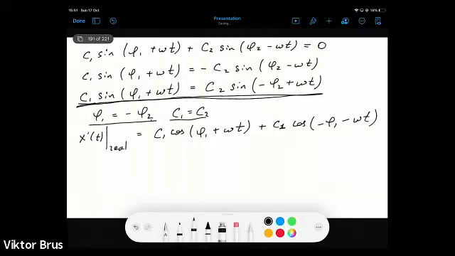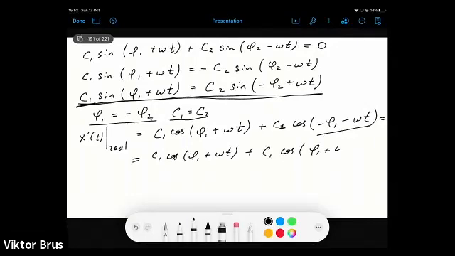So now we need to change the sign of the argument next to cosine, but that will not change the sign of cosine, because it doesn't matter if it's plus or minus argument of cosine, it will give us the same result. So it will be equal to C1 times cosinus phi 1 plus omega t and plus C1 cosinus phi 1 plus omega t.